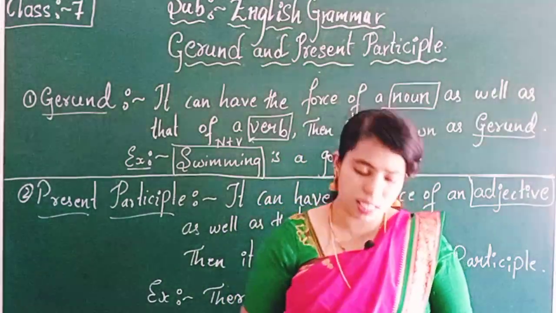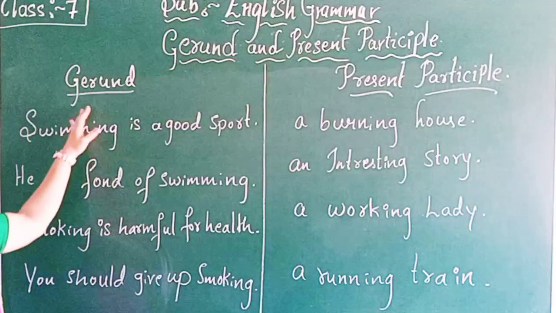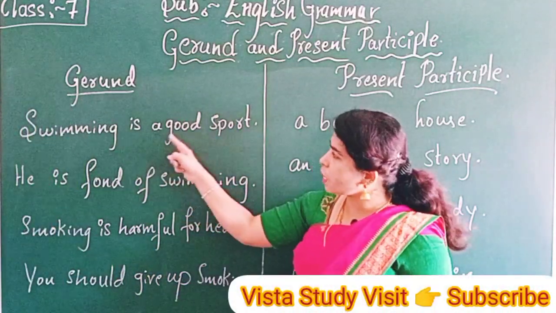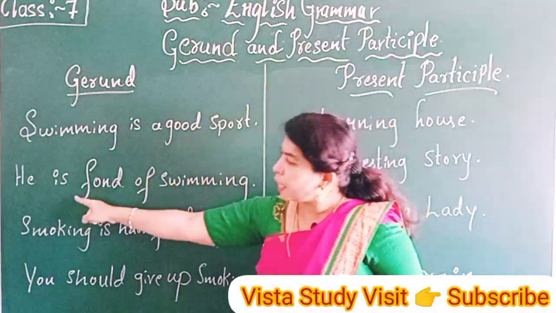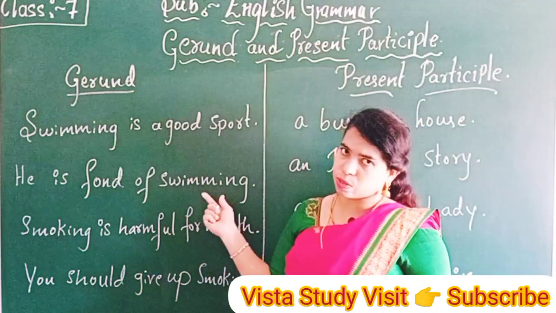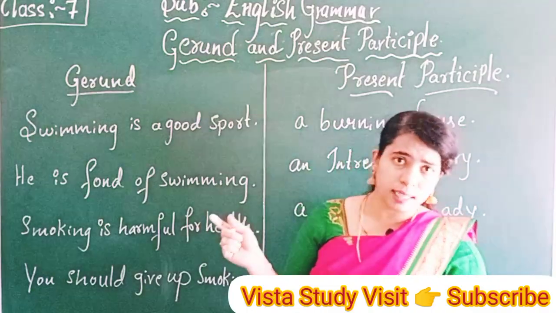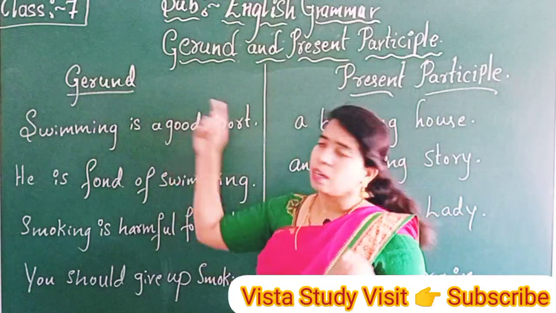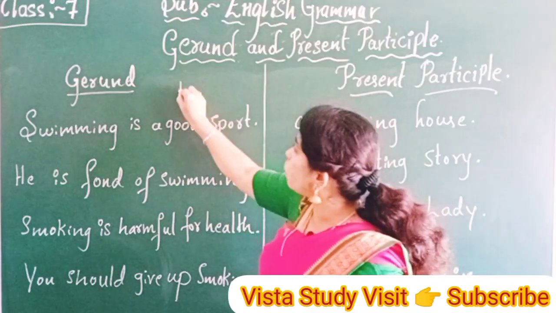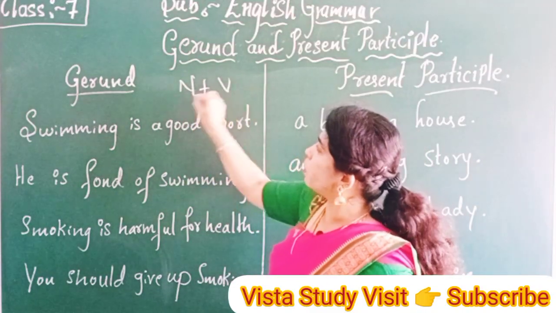Coming to the examples of gerund and participle. See here, swimming is a good sport. He is fond of swimming. In both cases we are using swimming. As I said in the definition, gerund can be used in both senses, noun and verb.